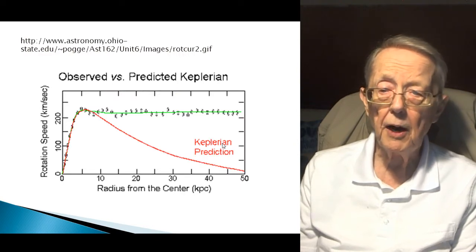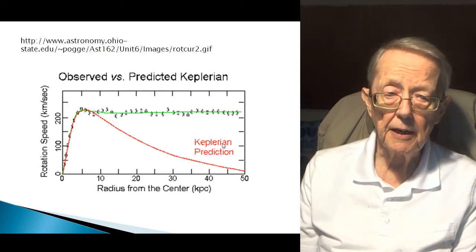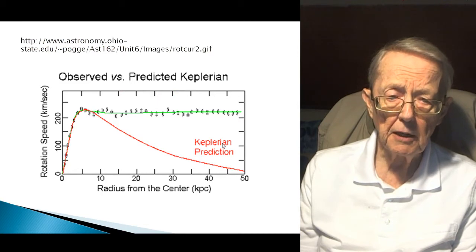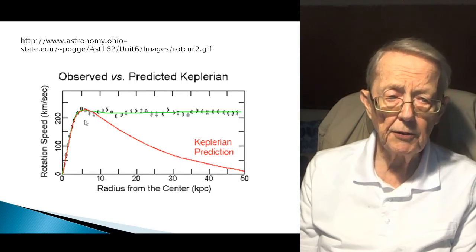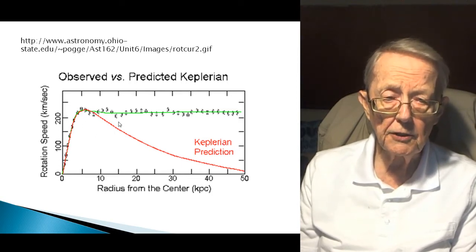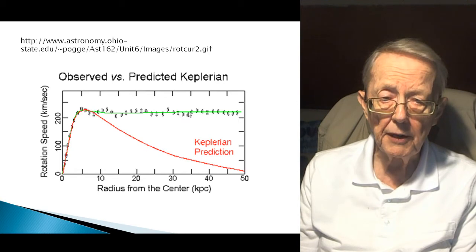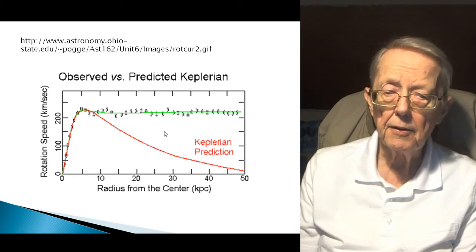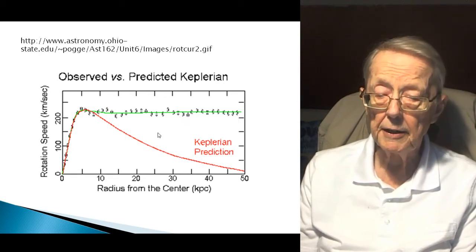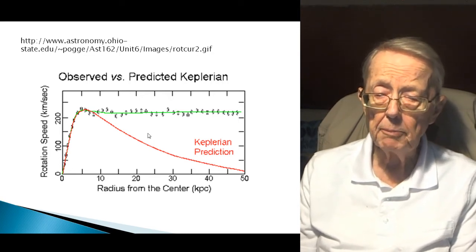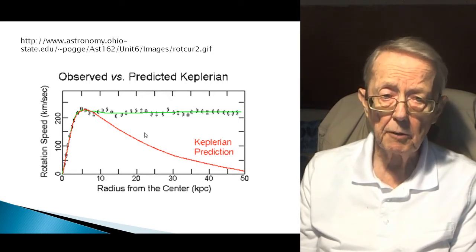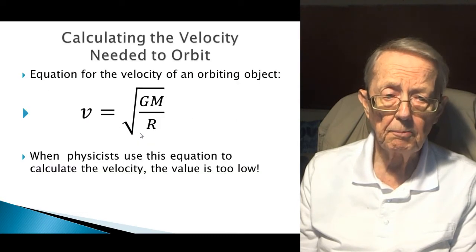Here's one from Ohio State. That green line looks basically flat, and there's the red line, which is the Keplerian prediction. But even with the green line, if you look, you can see that it's moving up and down, but that's the way they plotted it. So you can pick and choose which graph you want to look at. I picked the first one and will move forward with that one.